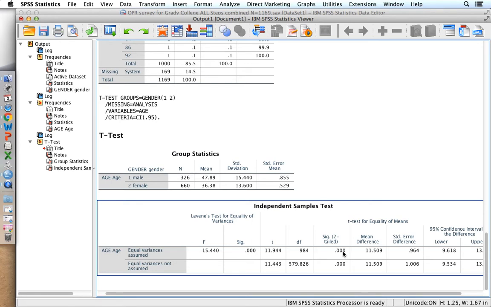These differences are real. I was doing a test to see who was older and who was younger in this group, looking at the average age of women and the average age of men.